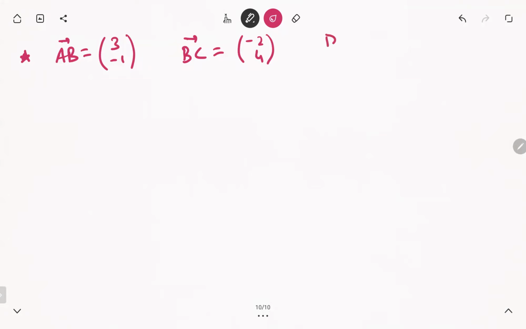Vector DC is given, 3, 2. So these are the vectors which are given. Now there is no diagram, so you need to make the path yourself. You have to find number 1, the vector AD.